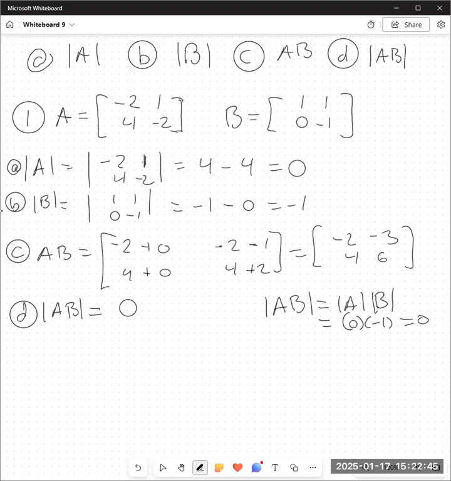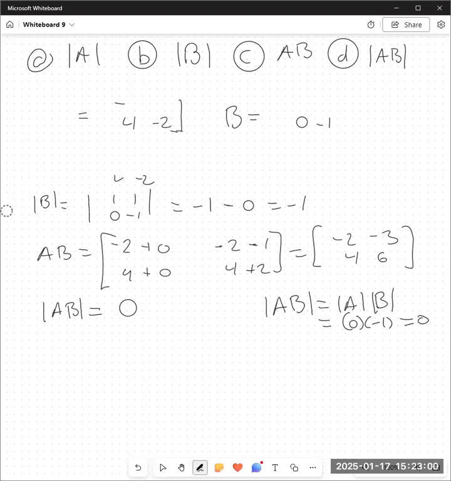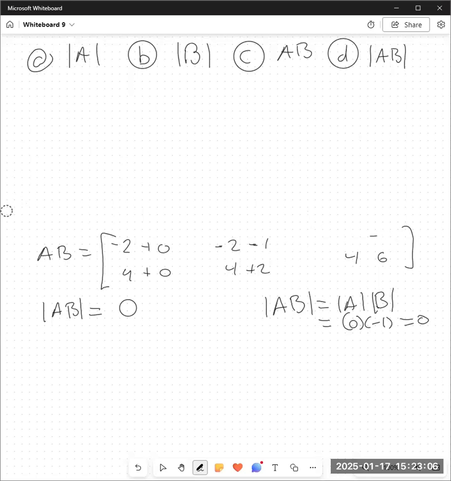Let's look at another example of this where they give us a matrix A and B and ask us to complete all 4 pieces here. So I'm going to erase this part, but leave instructions A through D up there.